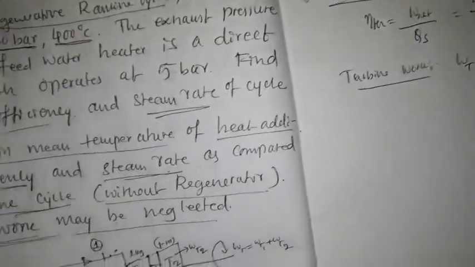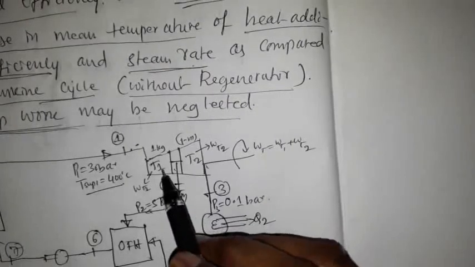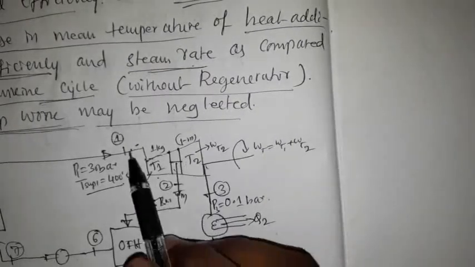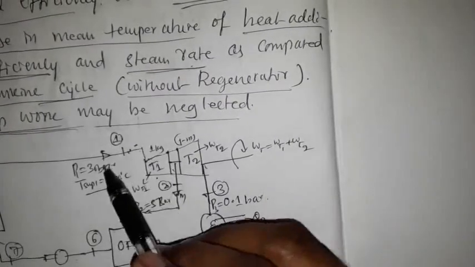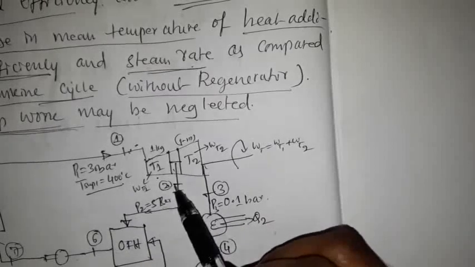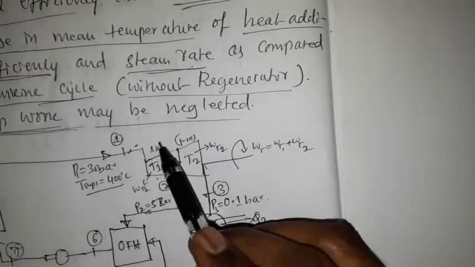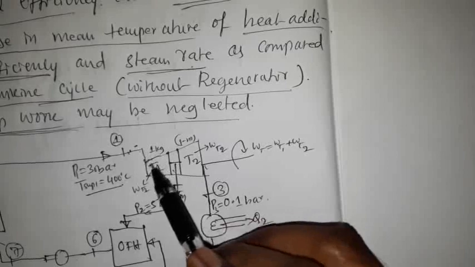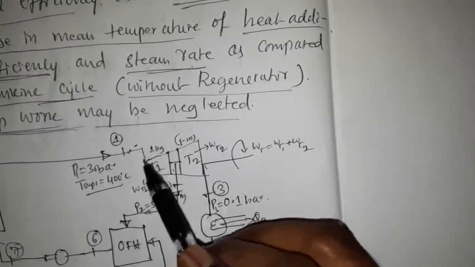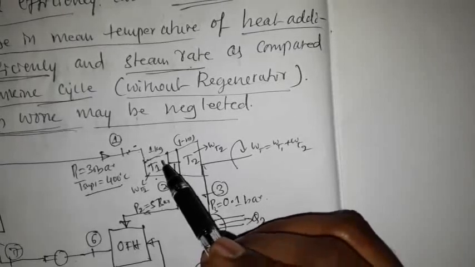So now here in the schematic diagram, turbine 1 is operating between 1 and 2. The inlet enthalpy is H1, exit enthalpy is H2, and the fraction of steam, or the mass of the steam, which is flowing in the turbine 1 is 1 kg.